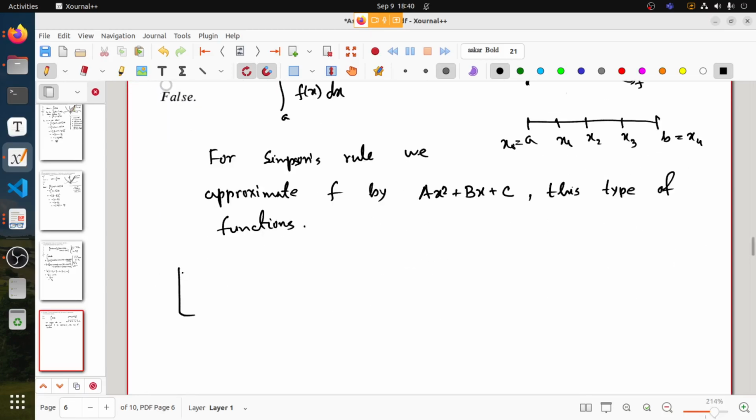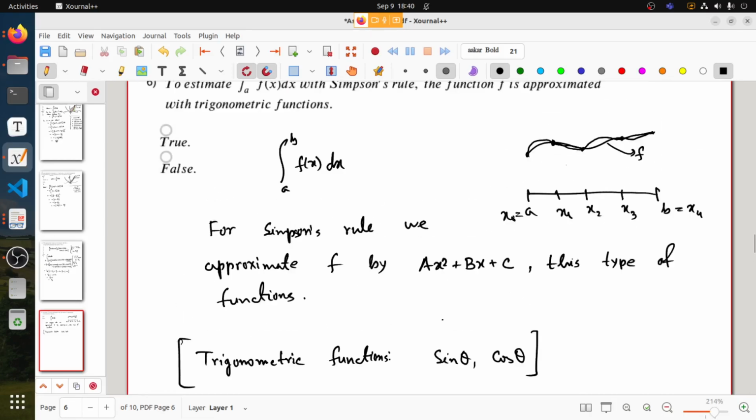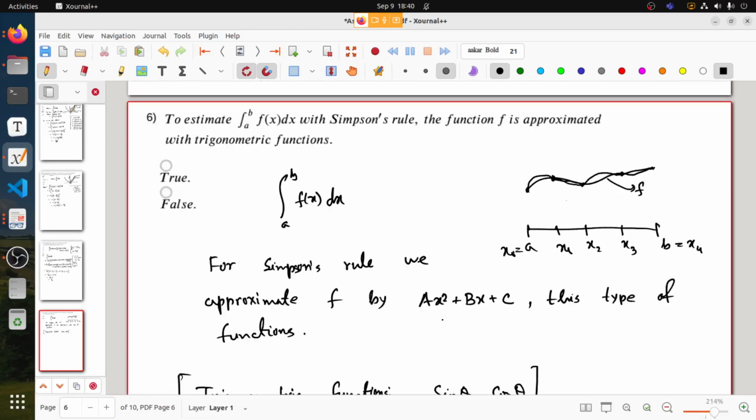These are called the trigonometric functions. They are functions, polynomials, of sine theta and cos theta, right? But we are not approximating by sine theta, cos theta. We approximate by quadratic functions. So the option is false, right? We approximate in terms of quadratic functions, not trigonometric functions.